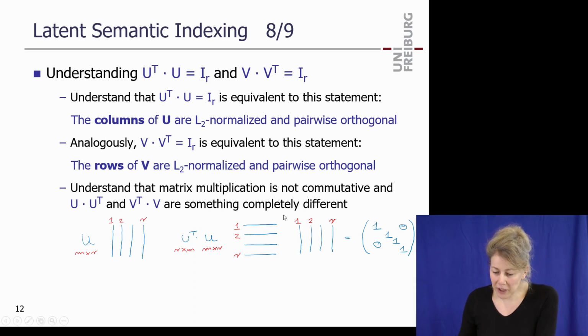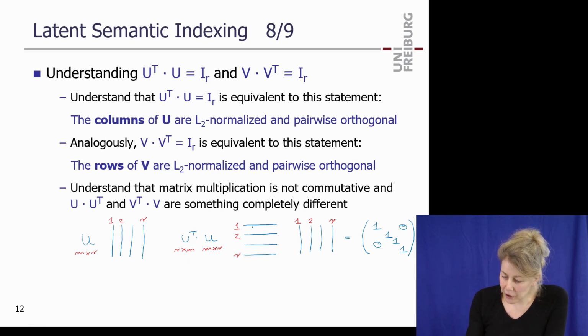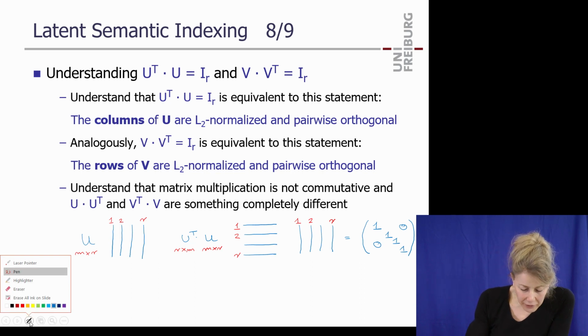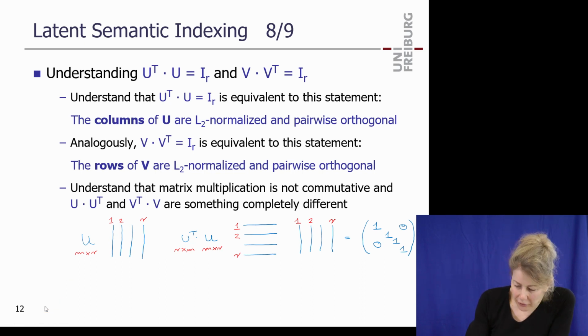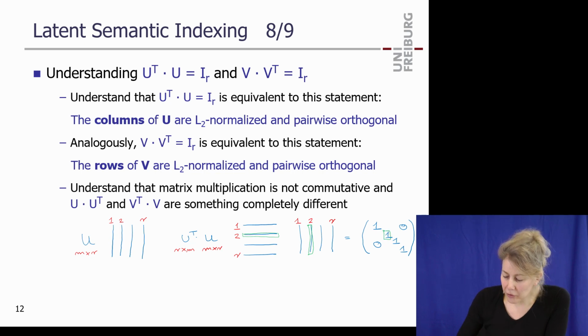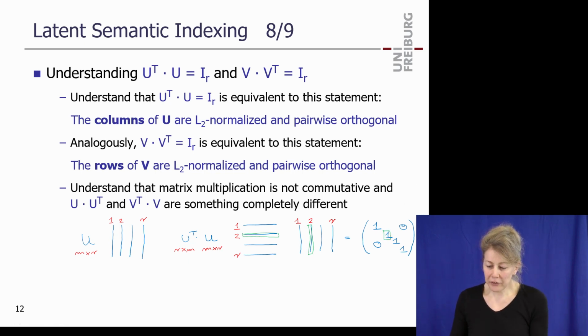And what does that mean? For every entry here, as usual in matrix multiplication, if I take the second row and the second column, I get this entry. So this is just the product of the second column with itself. If you compute the product of something with itself, it's just the norm.